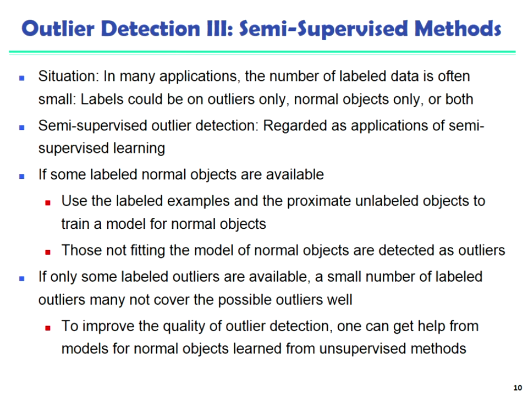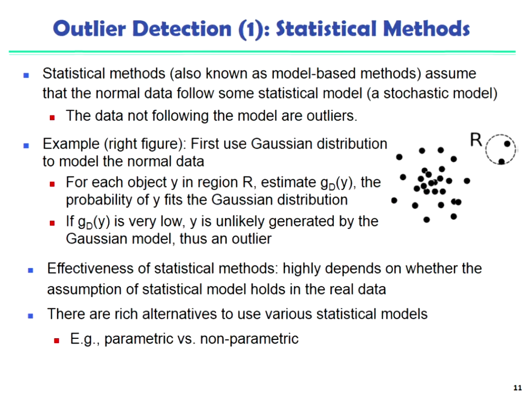Any idea? In statistical methods, there are two types, parametric and non-parametric methods. Statistical methods assume that the normal data follow some statistical model, and the data not following the model are outliers.